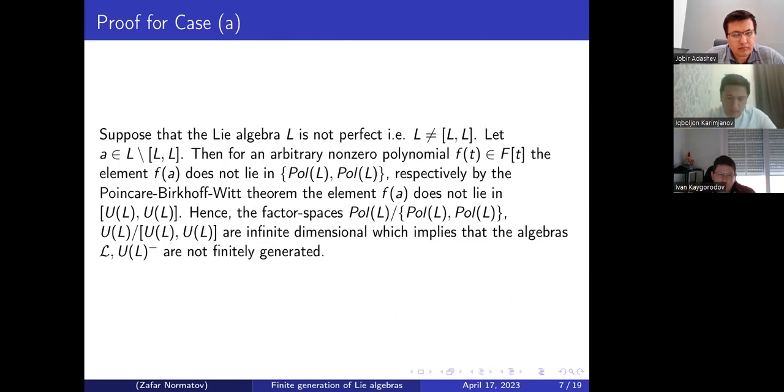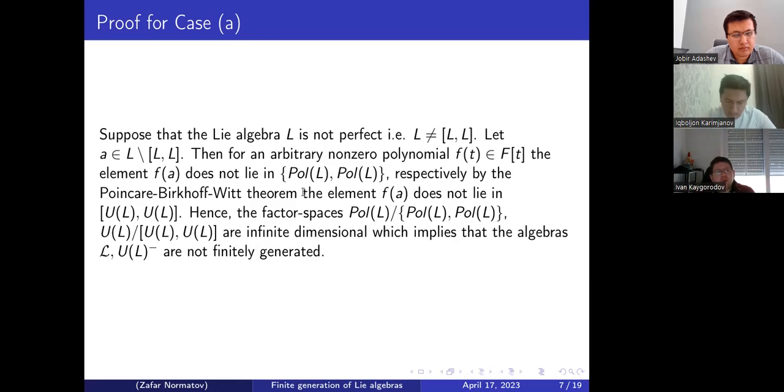And this is the proof for the case A. Suppose that the Lie algebra L is not perfect. This means L is not equal to L squared, right? And let A be an element of the Lie algebra not contained in the bracket of L, L. Then for an arbitrary non-zero polynomial f, the element f(A) doesn't lie in the bracket of the polynomial algebra.